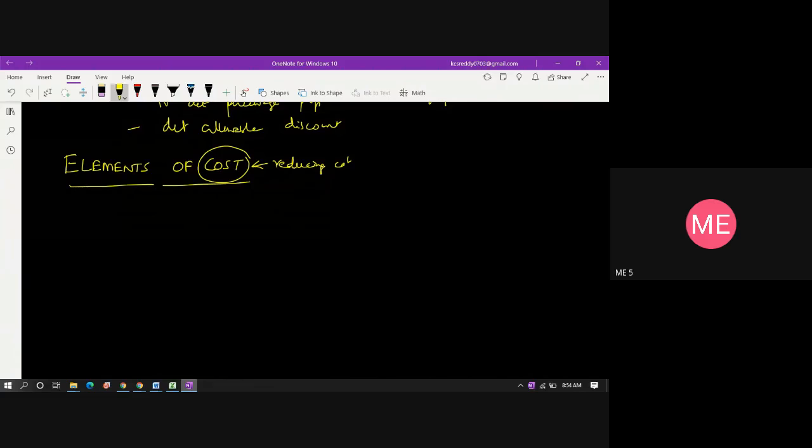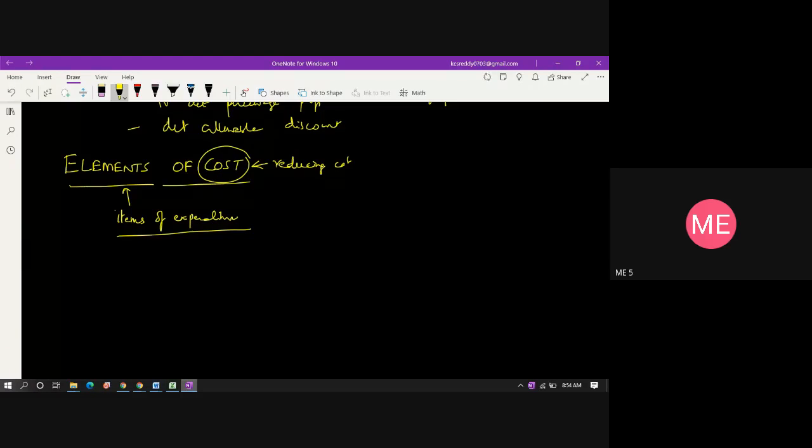In order to reduce the cost, on what elements do we need to look so that we can reduce it? To achieve this reduction of cost, the estimator must be familiar with the items of expenditure. The estimator will give the list of items of expenditure.